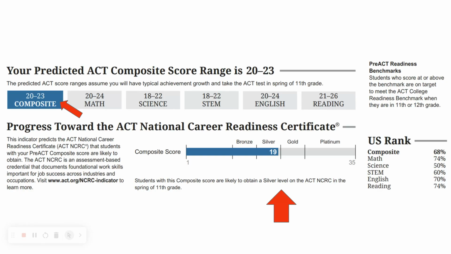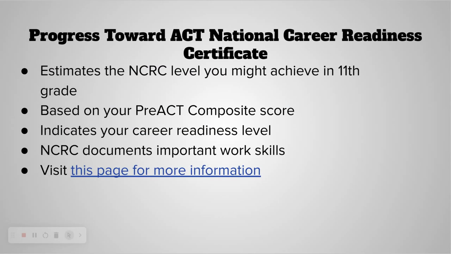The National Career Readiness Certificate is an assessment-based credential that documents foundational work skills, important skills to be successful in a job across various industries and occupations. This slide just shows you what I said, and there is a page that you can visit to get more information if you are interested in that.